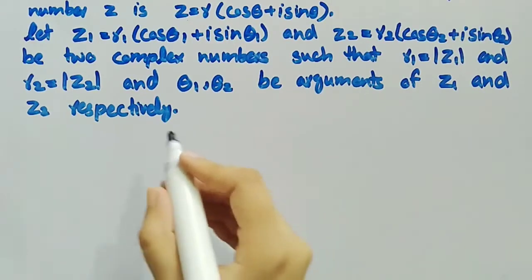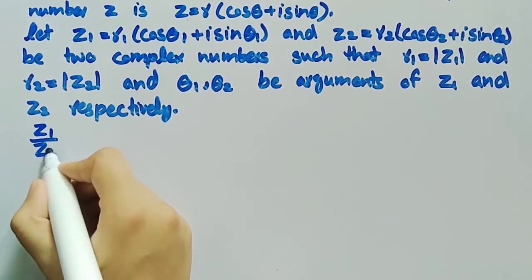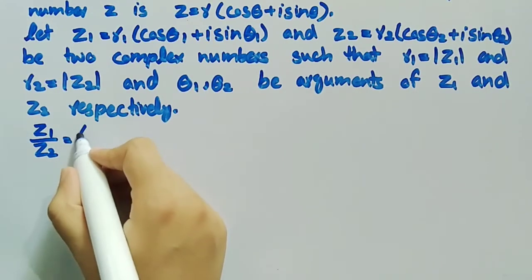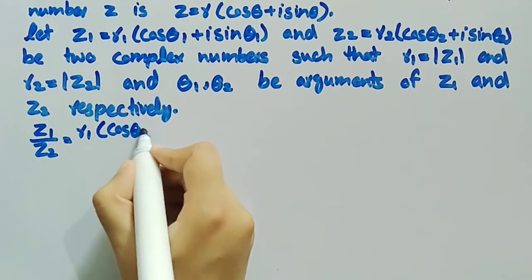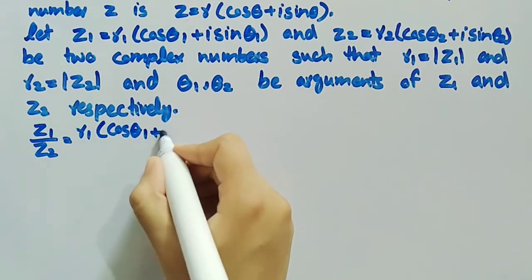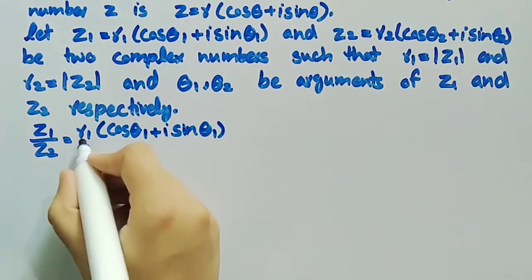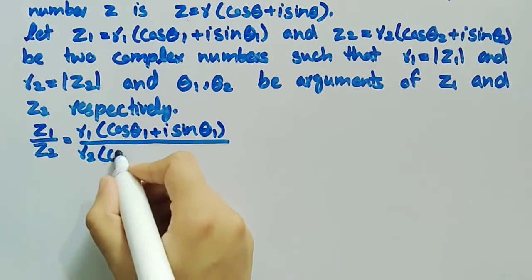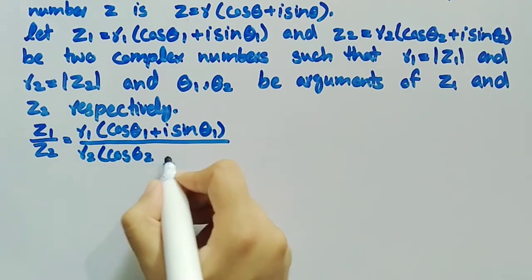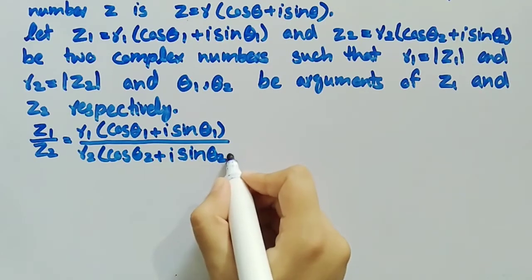Now we will divide the complex number z1 by z2, which is equal to r1 cos theta 1 plus iota sin theta 1 divided by r2 cos theta 2 plus iota sin theta 2.